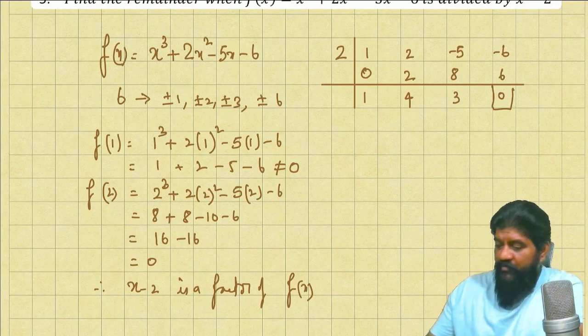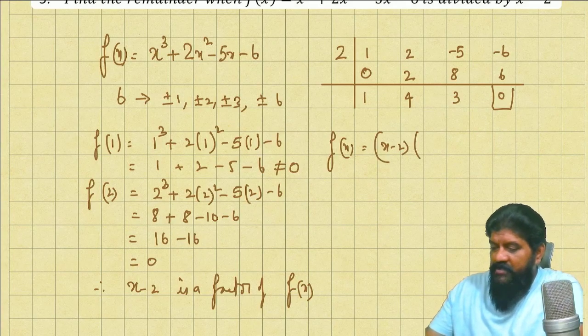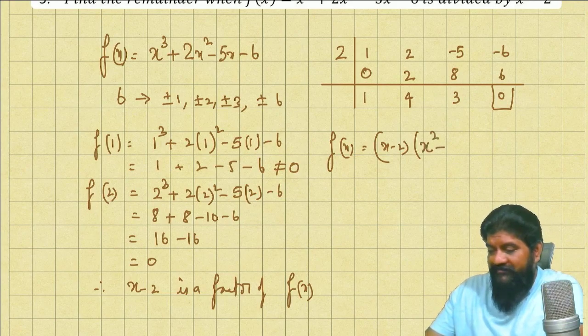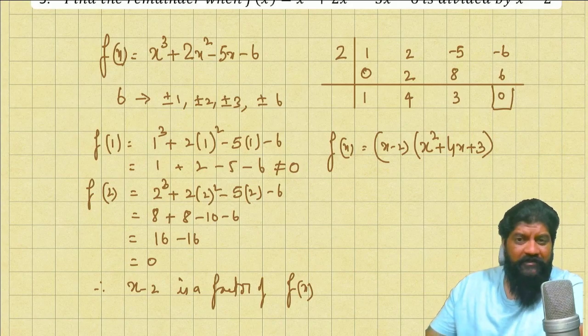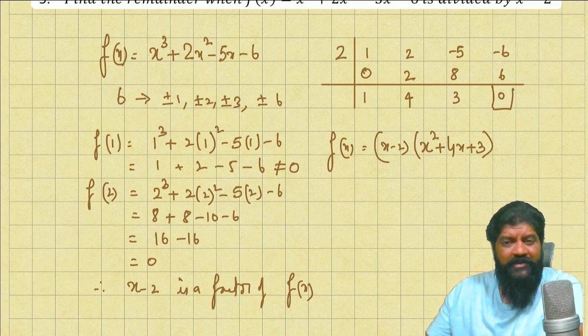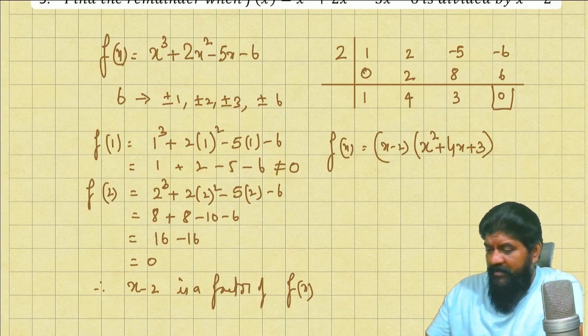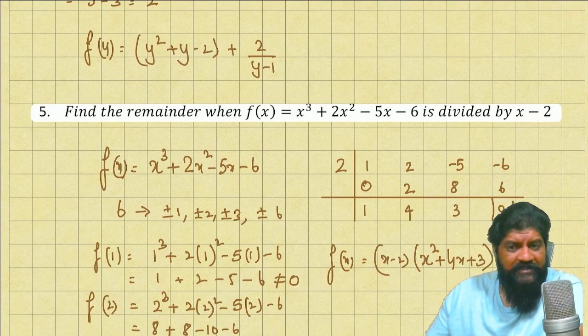And what's that going to tell me? It's going to tell me that f of x can now be written as x minus 2 into, these are going to be the coefficients of a quadratic equation, x squared plus 4x plus 3. After this, you can further factorize x squared plus 4x plus 3 using the splitting the middle term method. And that's how you do synthetic division method.